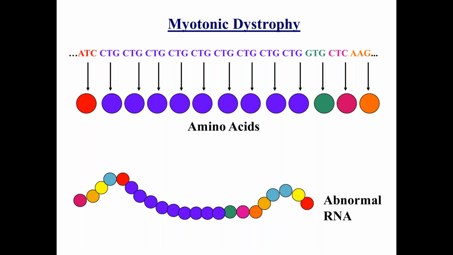Another thing to think about with these numbers is that the larger the repeat number is, the more unstable that particular gene is as it gets passed on in a family.